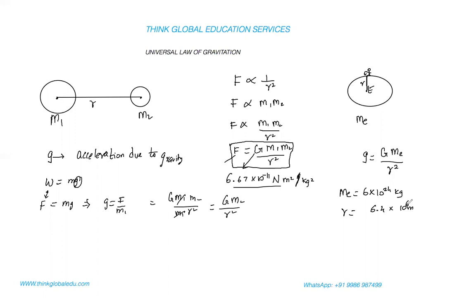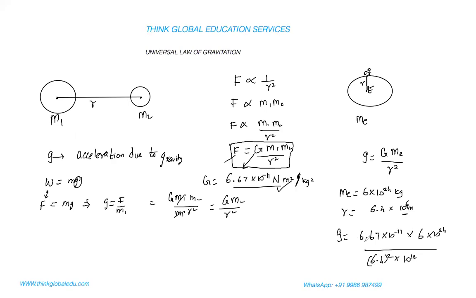Now if we substitute these values in the formula, we get small g, the acceleration due to gravity, equal to 6.67 times 10 to the power minus 11 multiplied by 6 times 10 to the power 24, divided by 6.4 squared multiplied by 10 to the power 12, since 10 to the power 6 squared is 10 to the power 12.